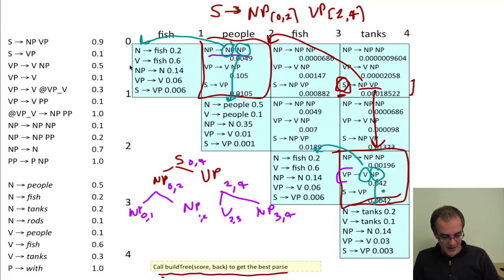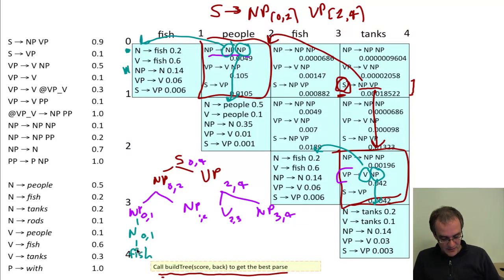So at that point we can then say, well, what's the highest way of building a noun phrase here? Oh, it's by making it as a noun from 0 to 1. Well, what's the highest way of making a noun over 0 to 1 from the same span, because that was a unary rule? Well, it was by realizing it as the word fish, which was a word in our sentence.